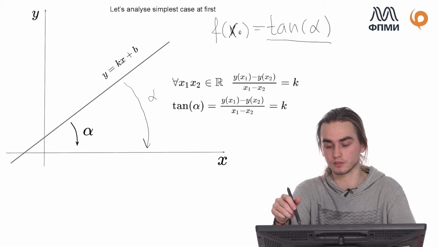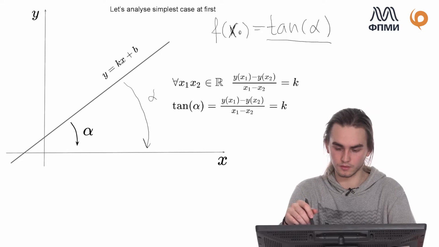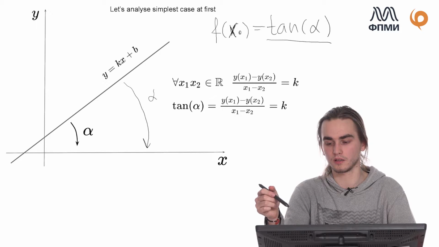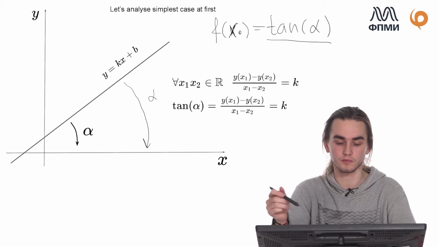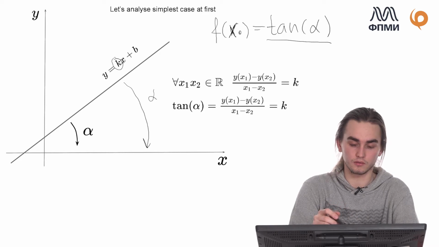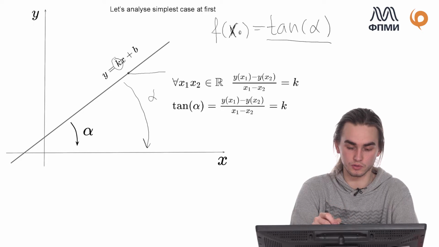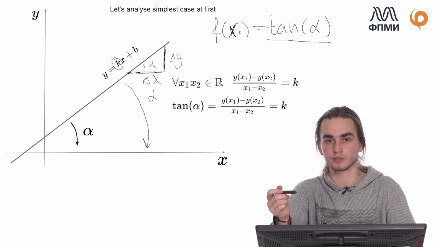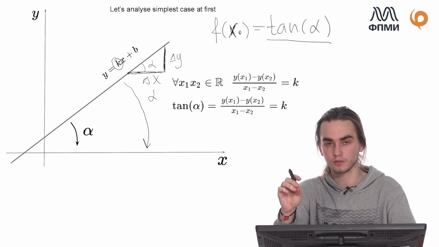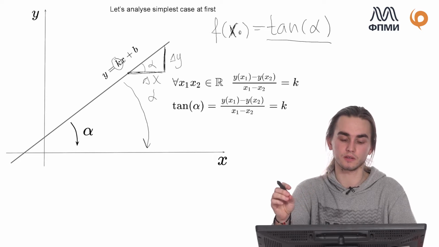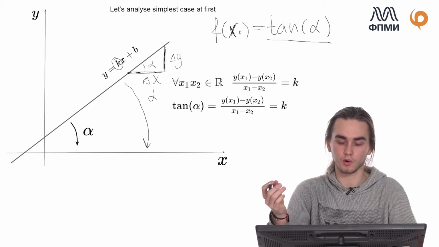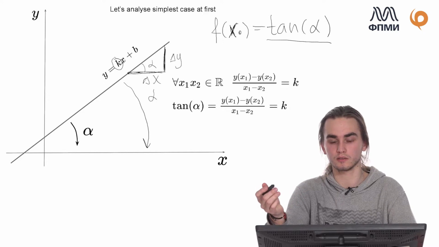It's worth mentioning that this tangent is the same as k, which is here, and it can be proven by the definition of the tangent, that it is the ratio of the two sides of the triangle, this one and this one. So basically here we're just planting the formula that will work out for us in the more complex case, which will be on the next slide.